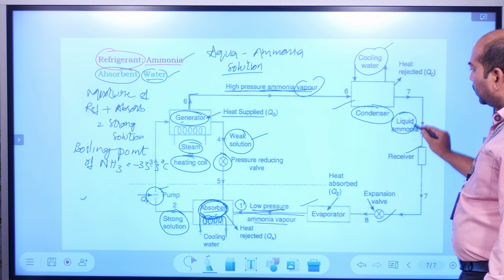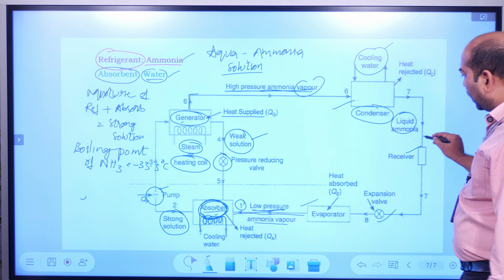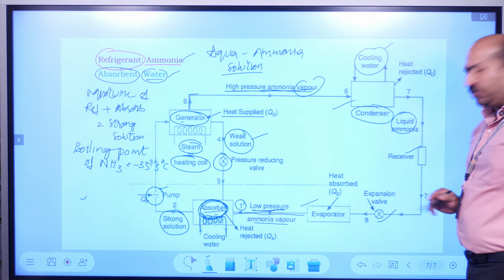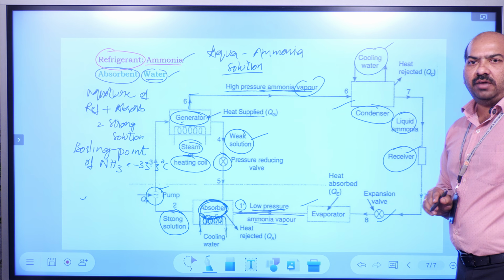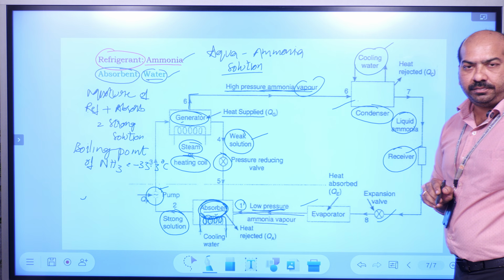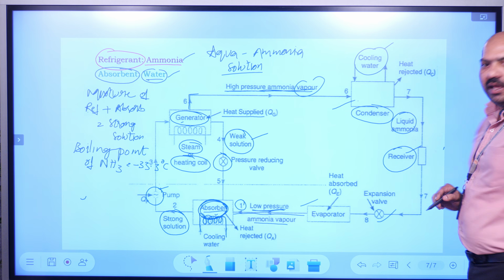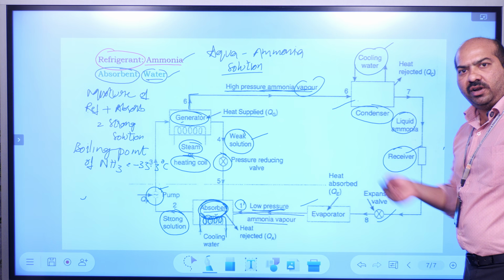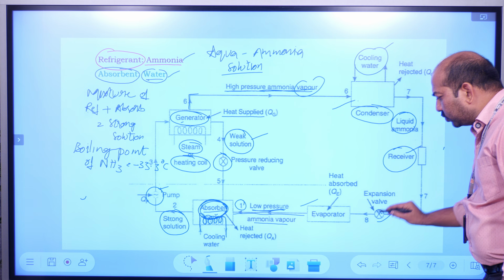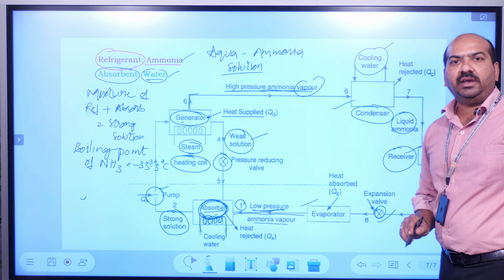That high pressure liquid ammonia is next supplied to the receiver, which serves as a storage tank. Later, the high pressure liquid ammonia is passed through the expansion valve, where the pressure is reduced.